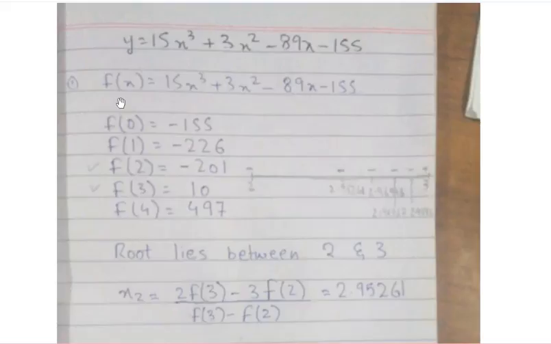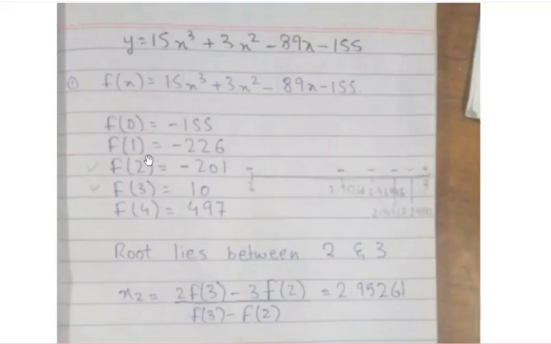Our second step will be substituting values into the equation. So we substitute 0 first. After substituting 0, we obtained minus 155.